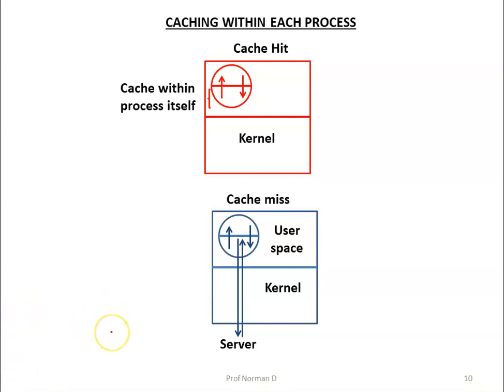If the designer decides to put the cache in the client's main memory, there are basically three options where we can place the cache. The simplest one is to cache files directly inside the user process. So the cache is inside the user process's own address space, as you can see in this figure.